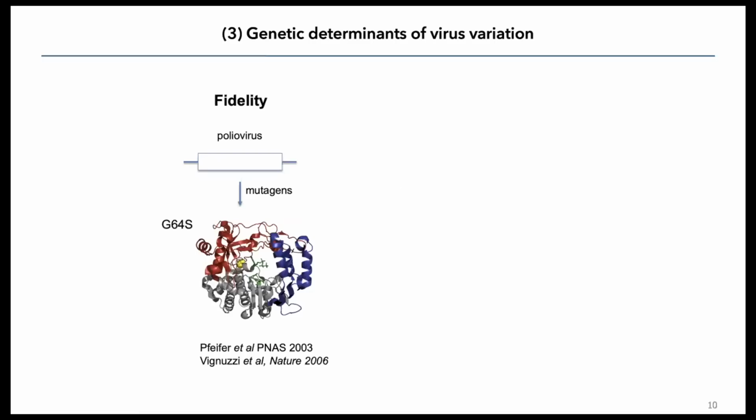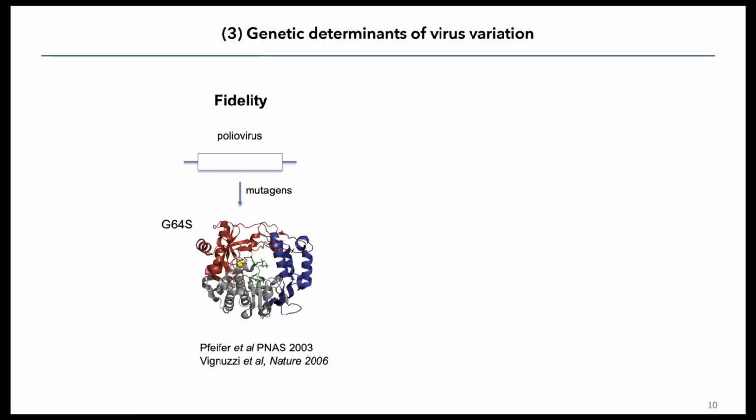And the third thing is that, as you know, the RNA-dependent RNA polymerase in poliovirus is able to introduce mutations, and it's also the enzyme that is in charge of recombination.